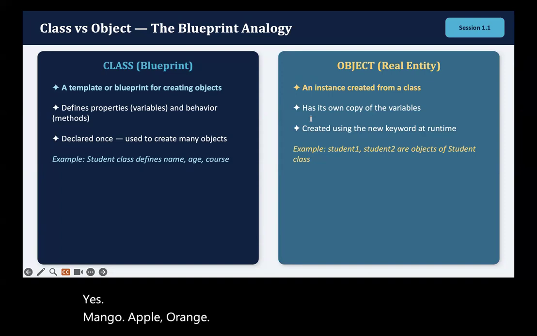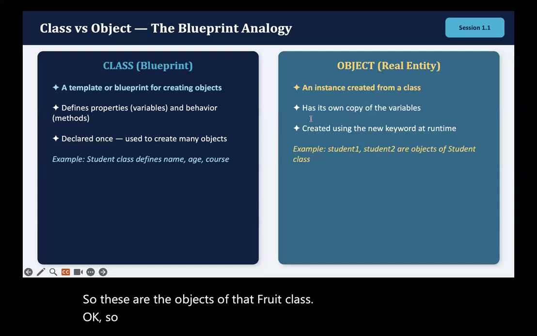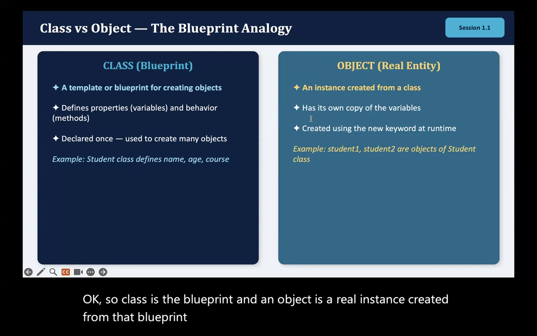So these are the objects of that fruit class. So class is the blueprint and an object is a real instance created from that blueprint using the keyword new.